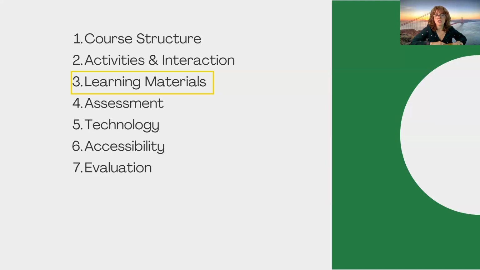The others are course structure, activities and interaction, assessment, technology, accessibility and evaluation. We've done a lot of workshops on the first 2 so far, but we'll have more on assessment, technology and accessibility in the near future.